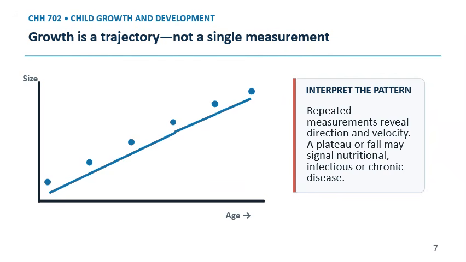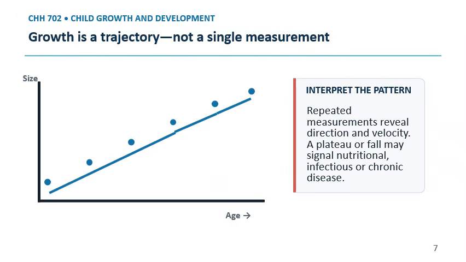A plateau in weight, a decline in expected velocity, a disproportionate change may signal inadequate intake, infection, chronic disease, feeding difficulty, or another problem. We should first confirm the measurement and plotting, because poor technique may create a false pattern.